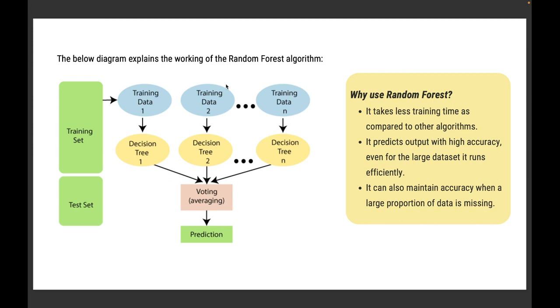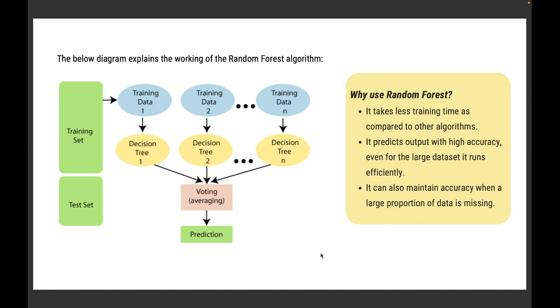For training dataset 2, we have created decision tree 2, and so on, till training dataset n, for which we have created decision tree n. By combining the results of all the decision tree outputs, we get an averaged value, and it is considered as the output for the prediction.